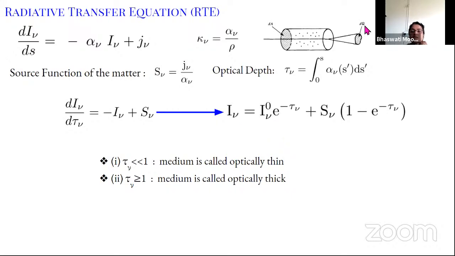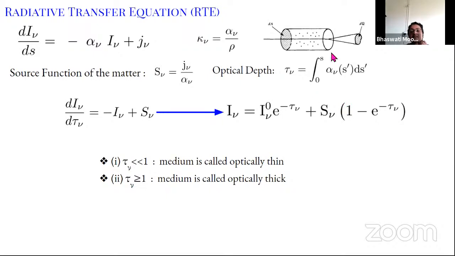I nu is the intensity of the radiation which is coming out of this cylinder, where the first term, I nu 0, is the background radiation, which means that if there is a source behind it, it is the radiation coming from the source, and that is attenuated by e to the power minus tau nu. Tau is a positive quantity, so it decreases the background radiation by this amount.